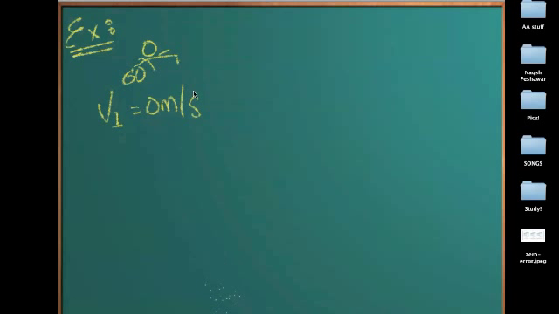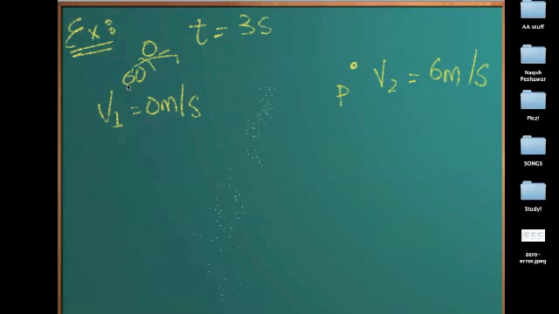There's no velocity initially, and at some point it reaches a velocity of 6 meters per second. You know this is acceleration, but we do not know how much acceleration. So the question says that a motorcyclist starts from rest and reaches a speed of 6 meters per second after traveling with uniform acceleration for 3 seconds. So this guy traveled with a uniform acceleration for 3 seconds. The acceleration was constant throughout the journey.